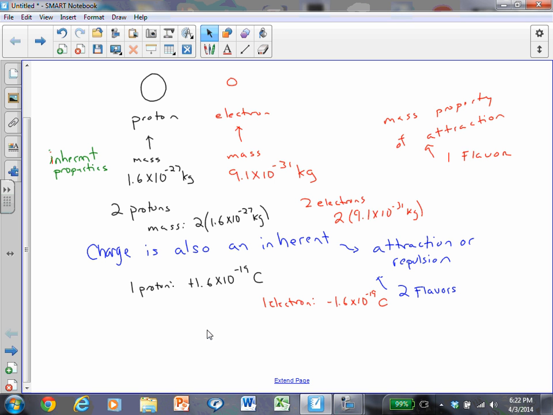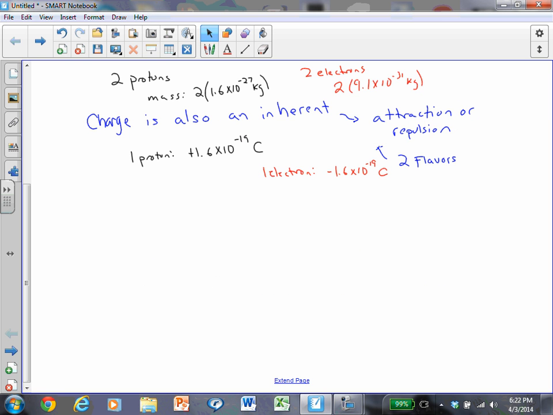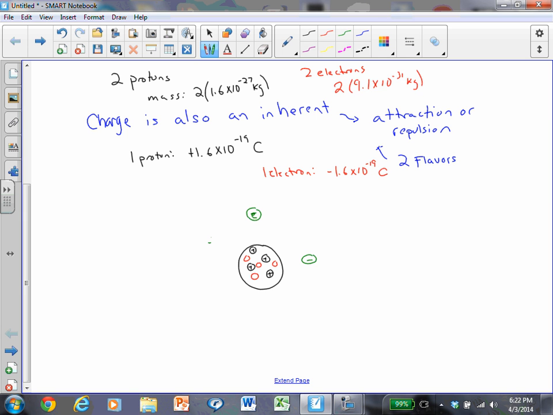Okay? So it's easy to understand how objects can acquire charge with our modern atomic model, right? Because we have a positive nucleus made up of protons and neutrons, and then the negative electrons are in orbit around it, like so, in different orbitals.